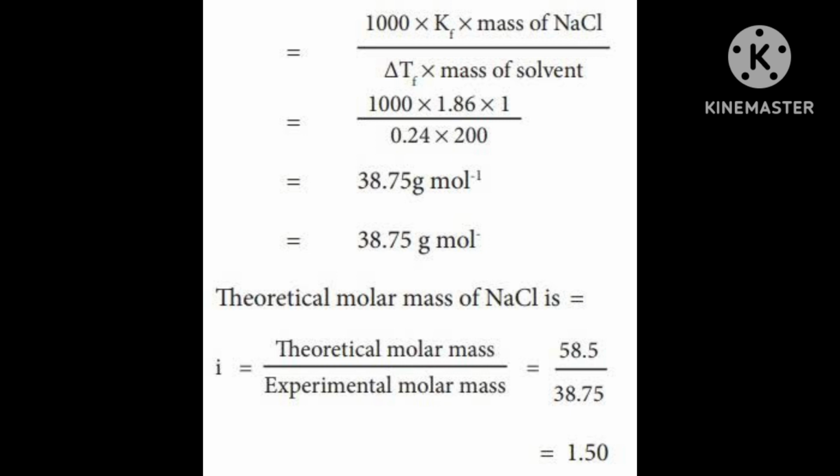Then now you have to find out percentage association of acid if it forms dimer in solution, means association is there, dimer, 2 molecules are becoming 1 molecule. That is the case of association.